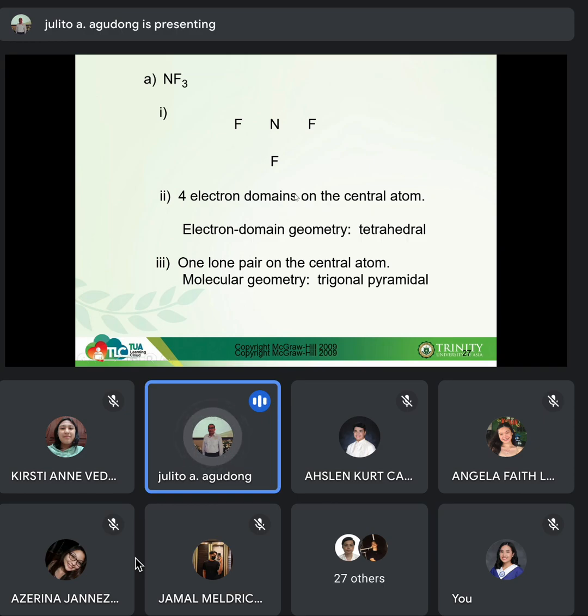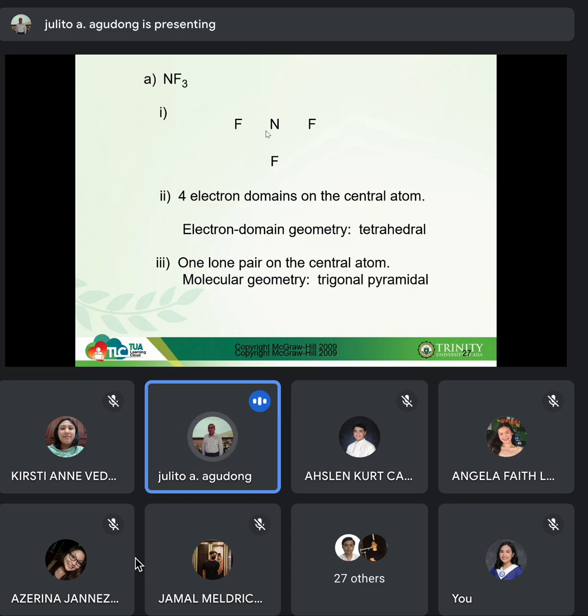The 3 fluorine would be the terminal atoms, and you will get how many bonding pairs? You will get 3, right? So from the TVE, which is 21 plus 5, 26, divided by 2 is 13.